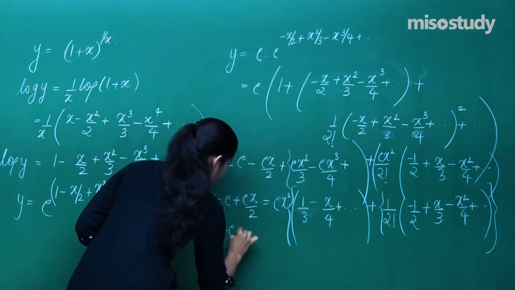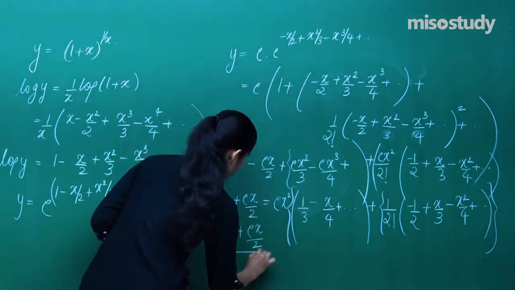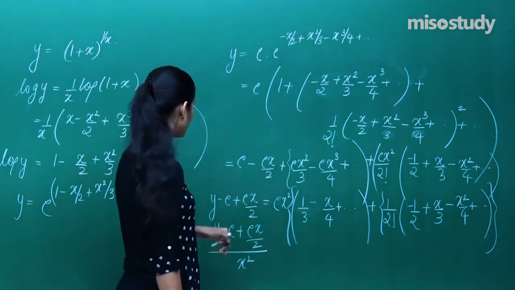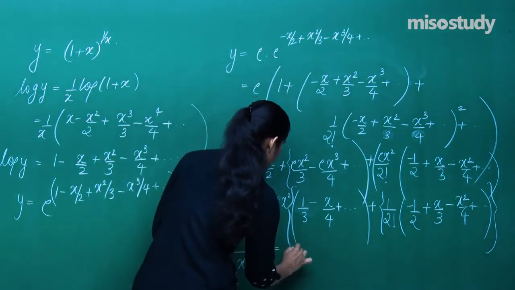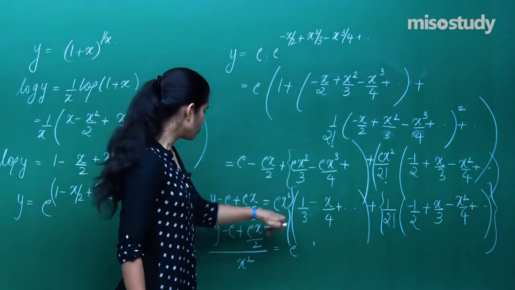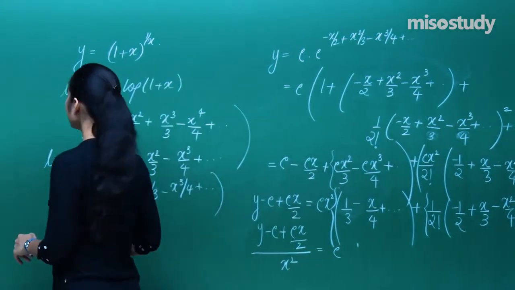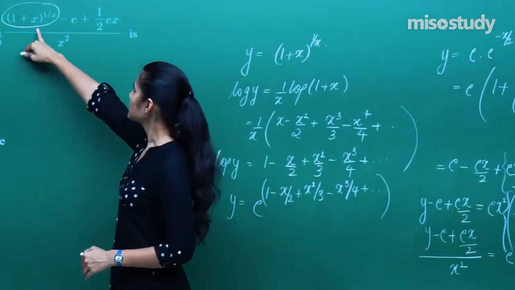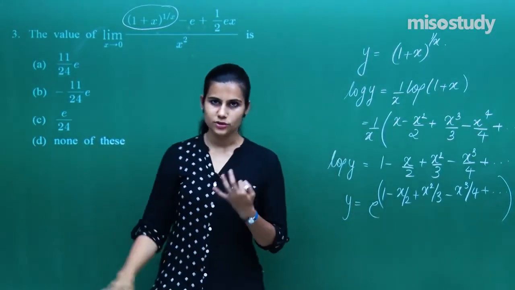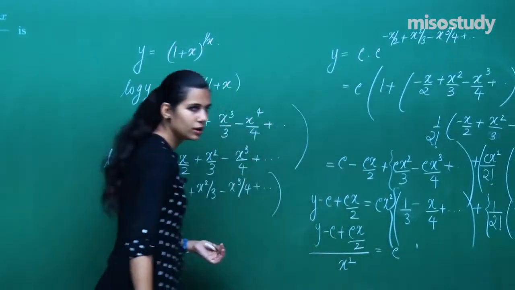Okay. So from here you can see I can just bring x square over here. This becomes y minus e plus ex by 2 whole upon x square. Okay. And here you are left with e into all of this. Right, x square only I have extracted to bring it down. So that I have got on the left hand side y minus e plus ex by 2 whole upon x square.